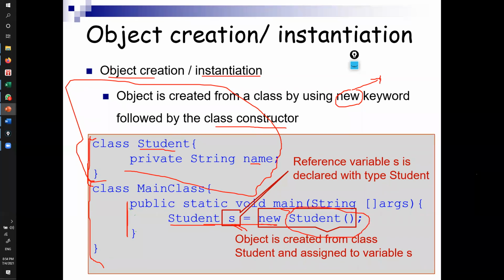So you remember what we said? If there is no specified constructor, the compiler will create a default constructor. So now this S becomes an object of my class. So from this object of a class, I can give my student a name. So I can do a number of things. So we'll see this one.